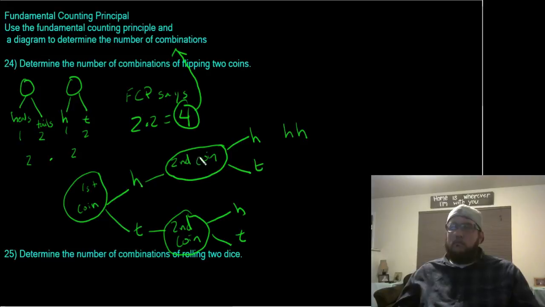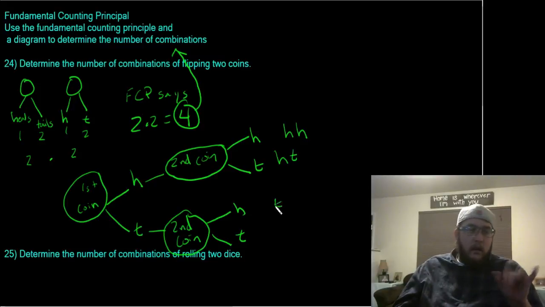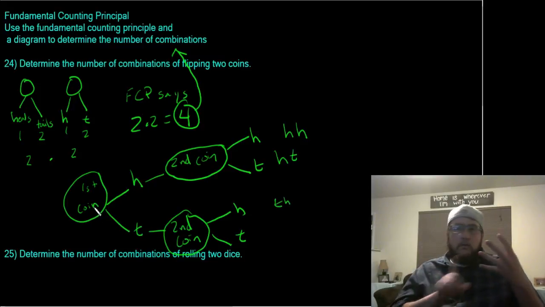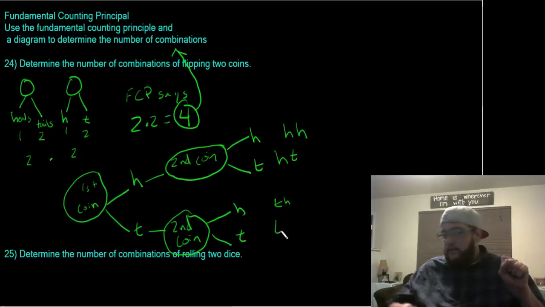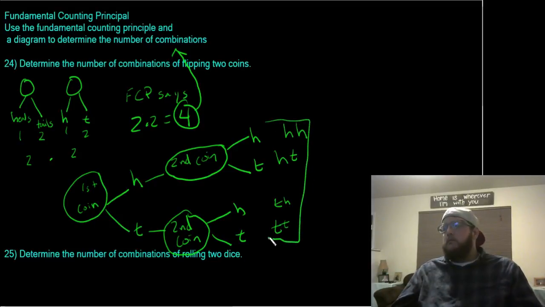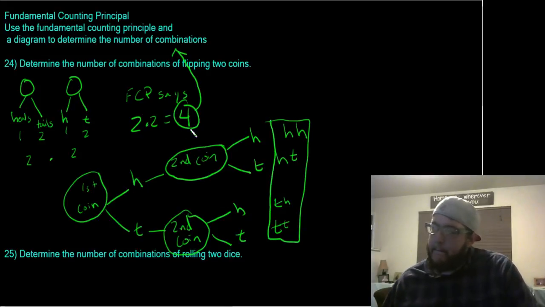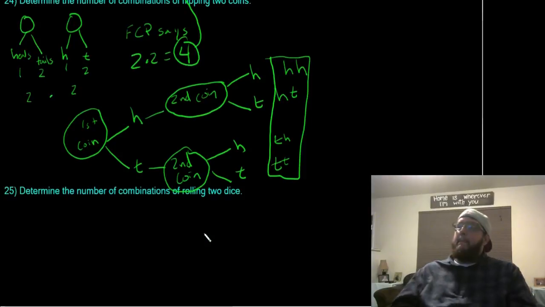The first coin being heads and the second coin being tails. The first coin being tails and the second coin being heads. The first coin being tails and the second coin being tails. There are 4 different combinations. Alright, let's move on to 25.